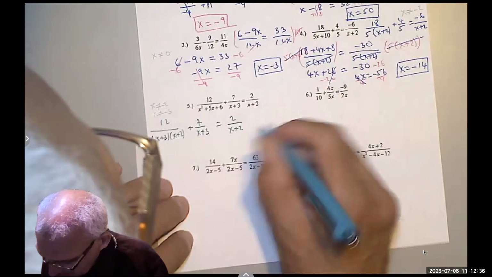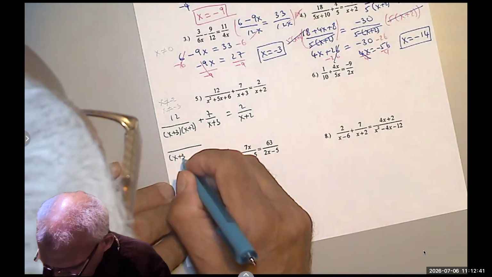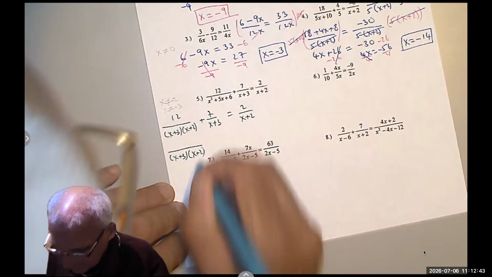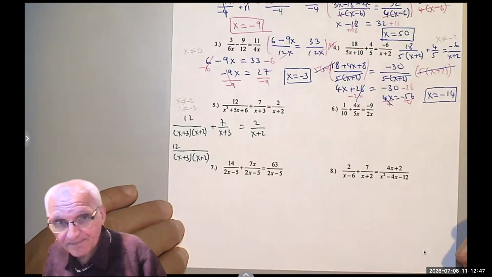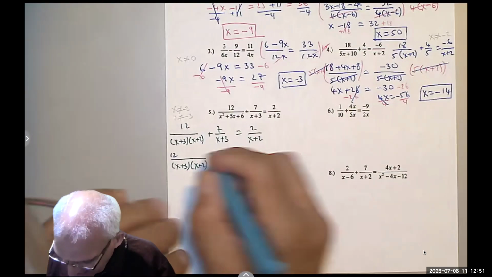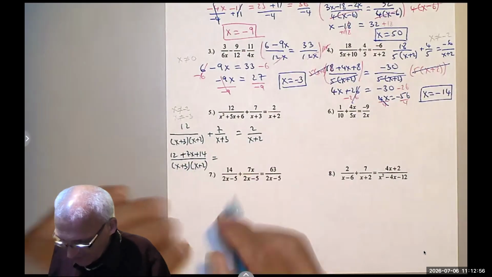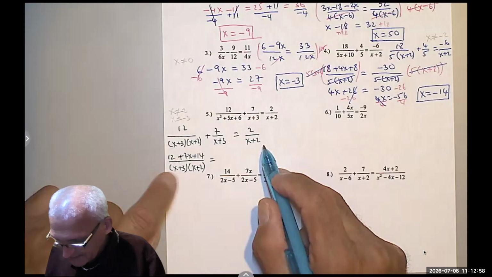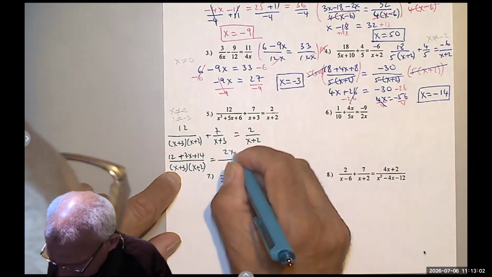Now, my common denominator is x plus 3 times x plus 2. Dividing it by itself, you get 1, so the first term is 12. Dividing it by that, you get x plus 2 times 7, which is 7x plus 14, equals. When I divide this by that, I get x plus 3 times 2, which is 2x plus 6.